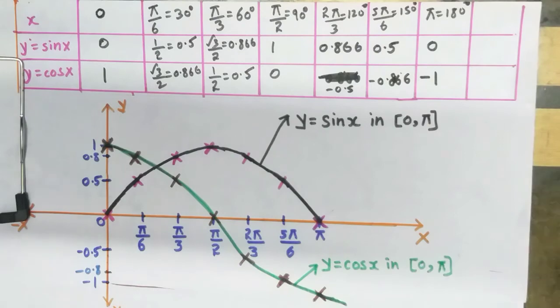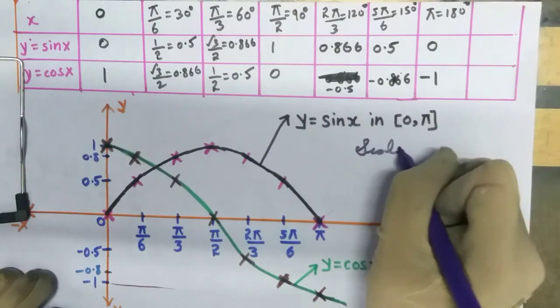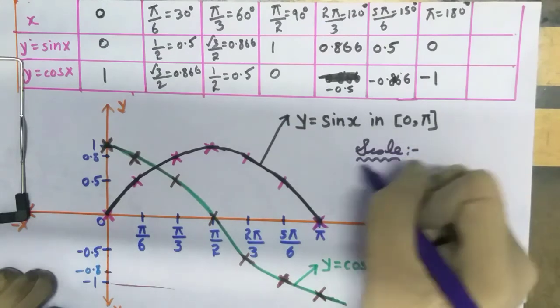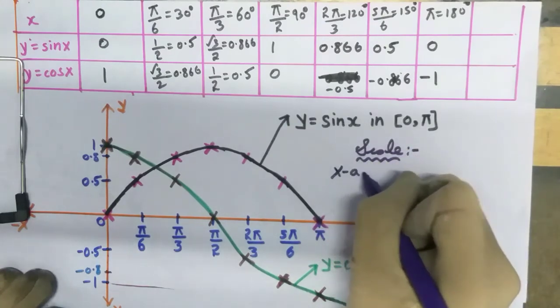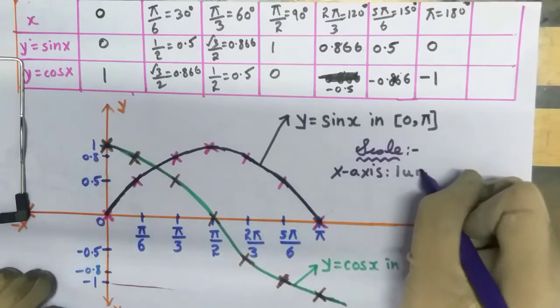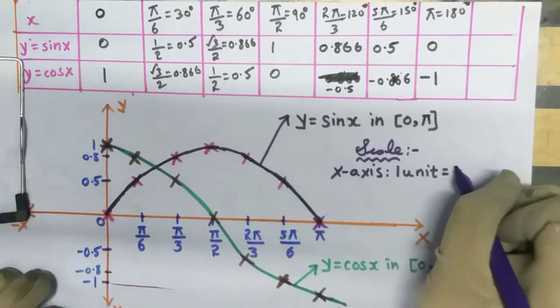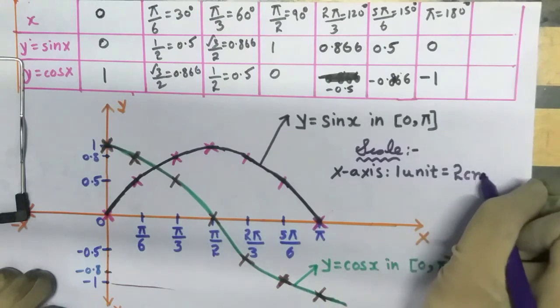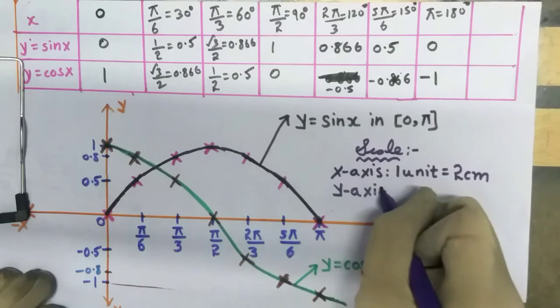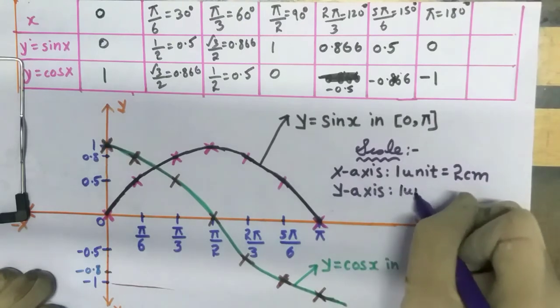Now you can write the scale also in the graph. So you can write scale: on x-axis we took 1 unit is equal to 2 centimeter, and on y-axis also we took 1 unit is equal to 2 centimeter.